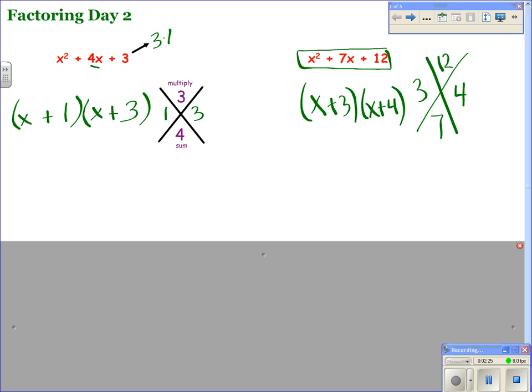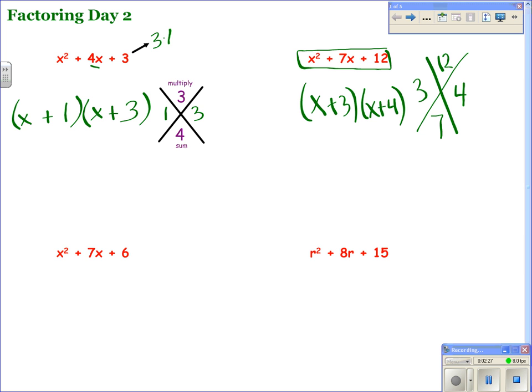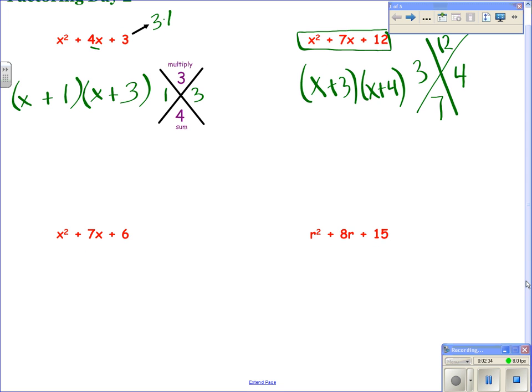All right, let's look at these two. We've got our x. What goes here? What two numbers multiply to be 6? 6 and 1. Okay, so we've got x plus 6, x plus 1.